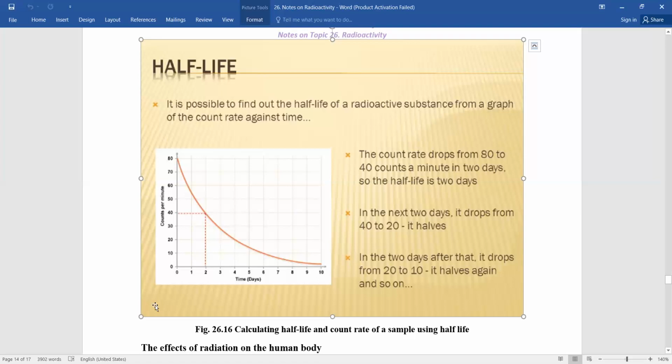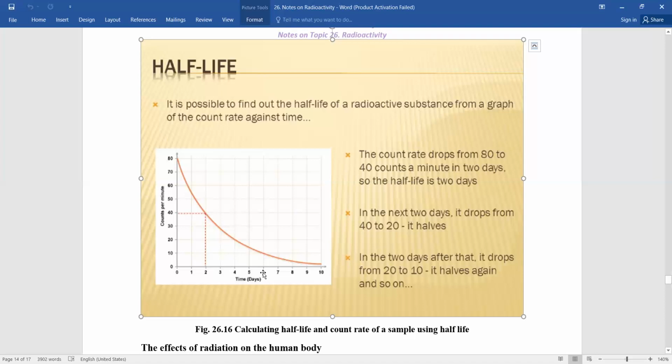And if you are drawing the graph from 20, it will become 4 here, right? And then after 20 it is 10, it will become here, right? Another half-life.